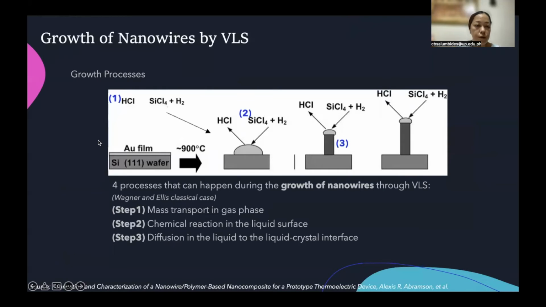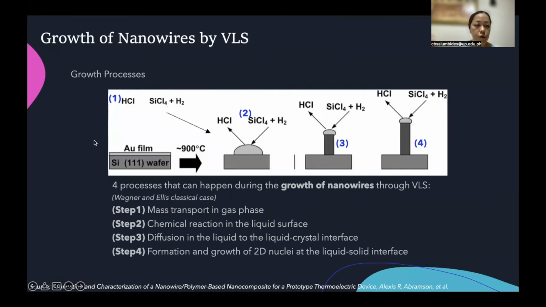And then step 3, we have the diffusion in the liquid to the liquid-crystal interface. So this is when the liquid is supersaturated and the silicon precipitates out and crystallizes the nanowires. So this is where we already have the start of the growth of the nanowires.